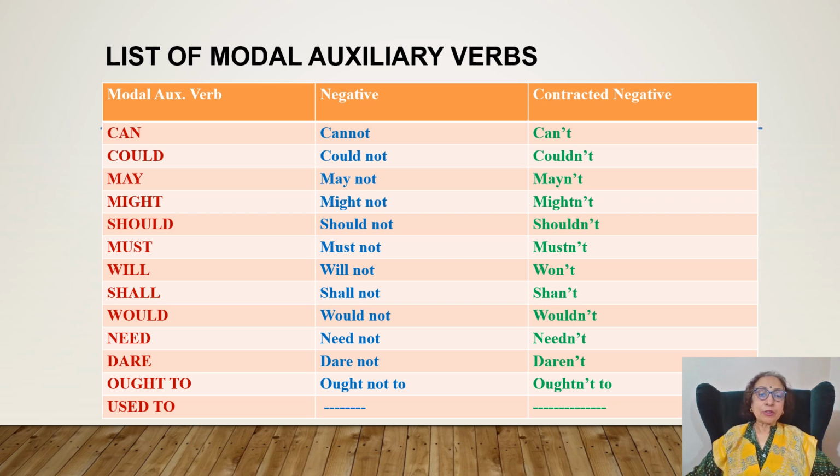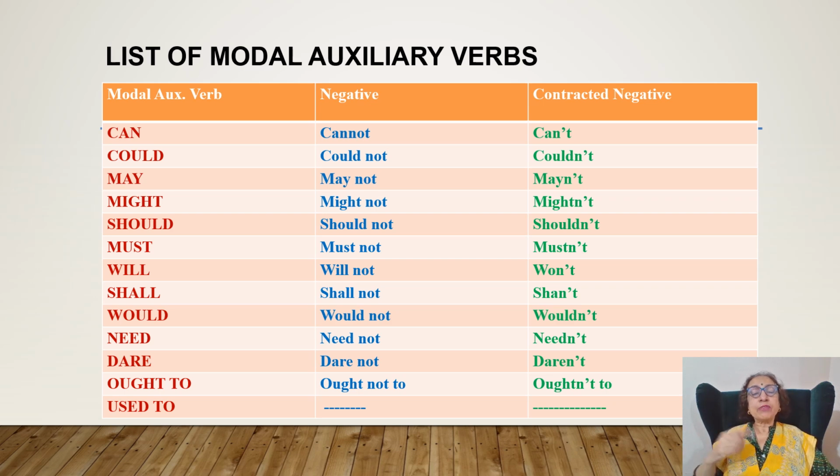Unlike the primary auxiliary, you can see the modal auxiliary verbs have only one form, and that is given in the extreme left column. The negative is there. Negative is not so important. It's the same verb that is there. Unlike the primary auxiliary or the lexical verbs, which have a root form, this is not a root form.